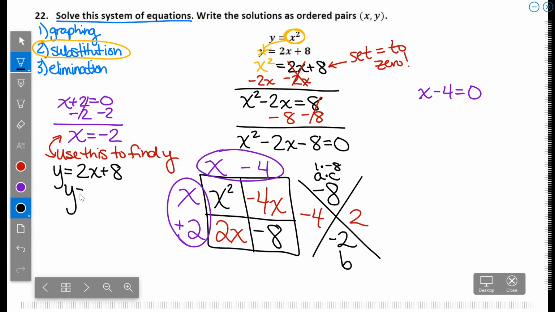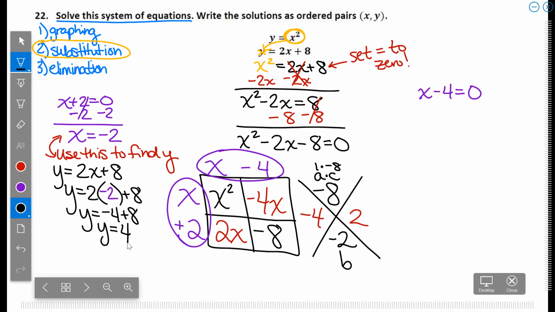I want to put -2 in the place of the x. What is 2 times -2? So I have -4 plus 8. What is -4 plus 8? 4. So I have the x, I have the y.